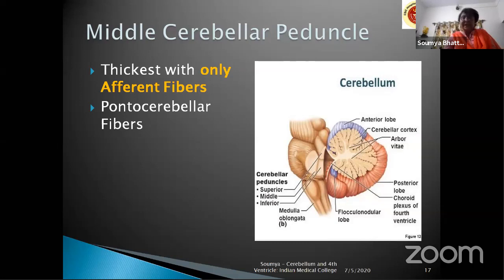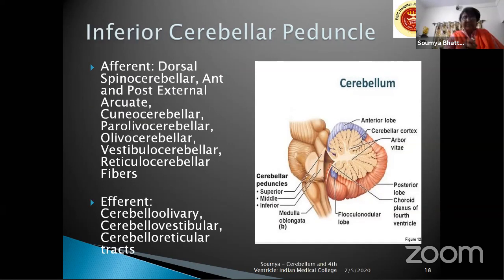Therefore, you can quickly make your own MCQ: the middle cerebellar peduncle contains only afferent fibers. It is the thickest one. It has cerebellopetal fibers, the pontocerebellar fibers. So you can prepare your own MCQ.